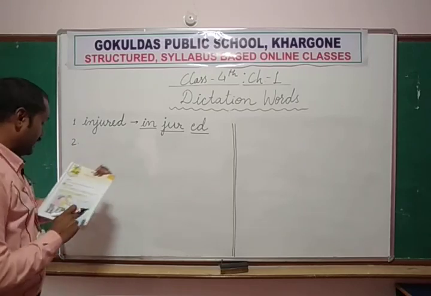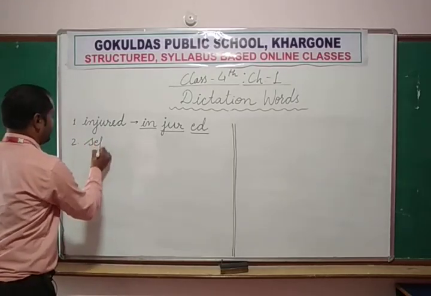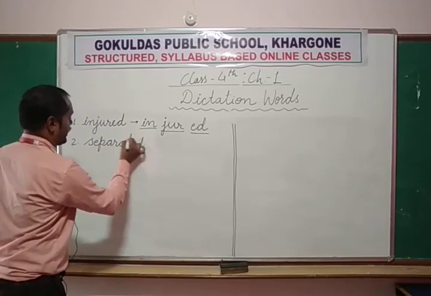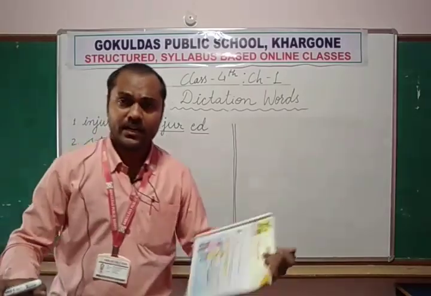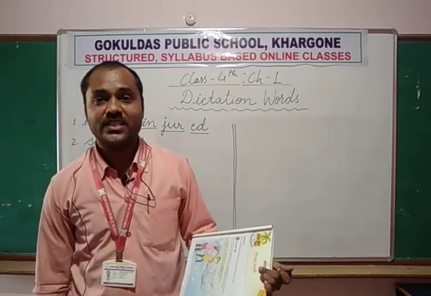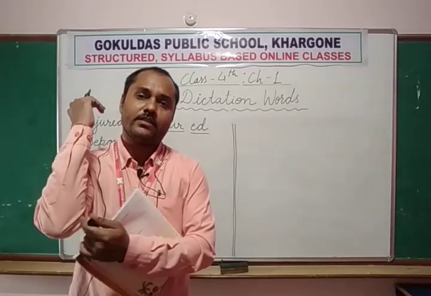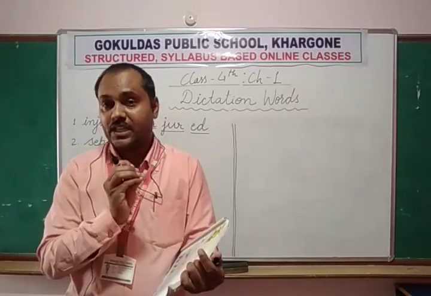And the second word we underlined is separated. SEPARATED. Separated. Okay, injured means hurt. Whenever we fall from anywhere, we get injured or we get some injury on our legs or hands, and the blood is coming out from the skin. That is called injury.